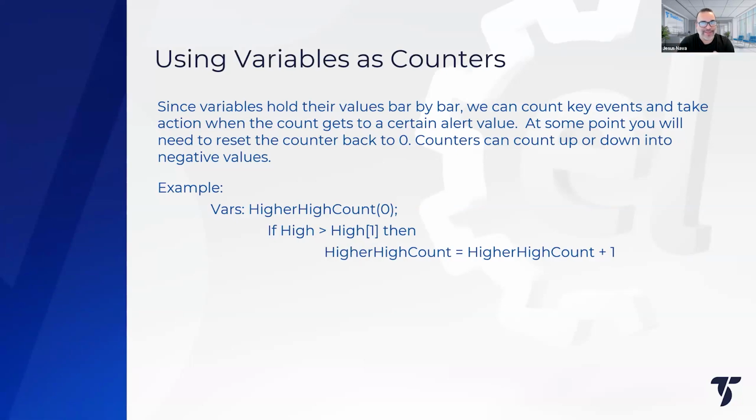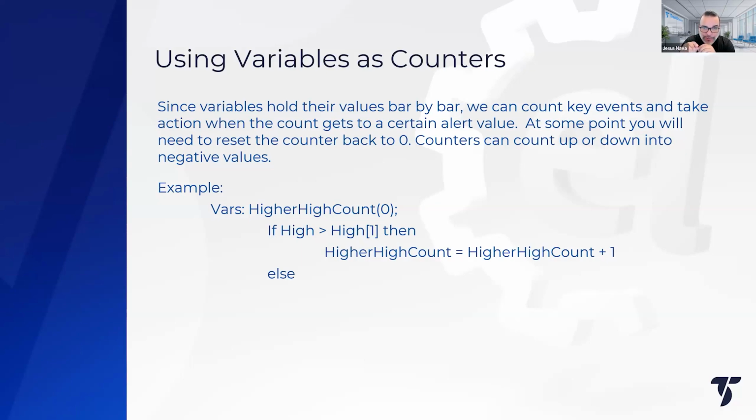The way that is written is interesting because this way it'll use whatever current value higher high count has, and it'll add 1 to it. And every time that it goes through the cycle and it goes inside this if-then statement, it'll just continue to add 1. Else is interesting because you can have an if-then else statement because you have a condition.